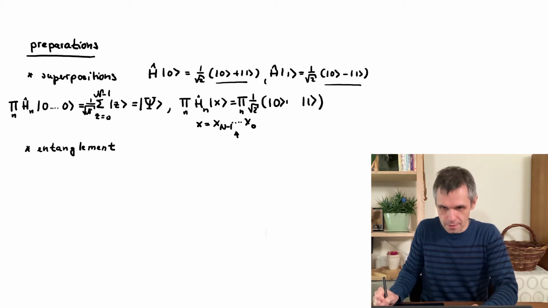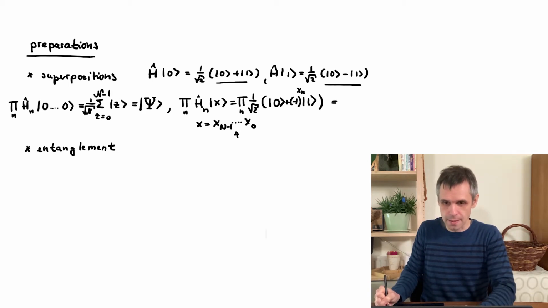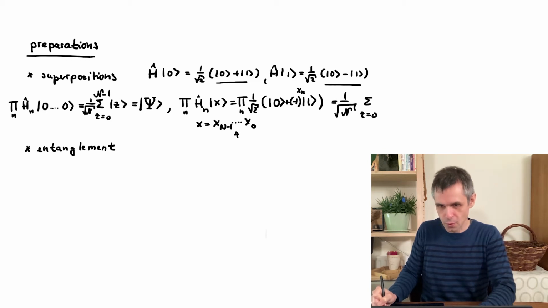So here we encounter a plus or a minus sign that we can write as -1 to the power x_n for each of these bits. And then we can multiply this out and write this as a sum over all the computational basis states, z running again from 0 to capital N minus 1. And in front of this we will sometimes have a +1 or a -1.